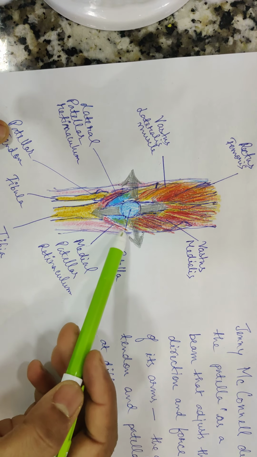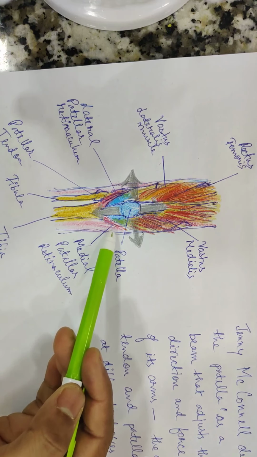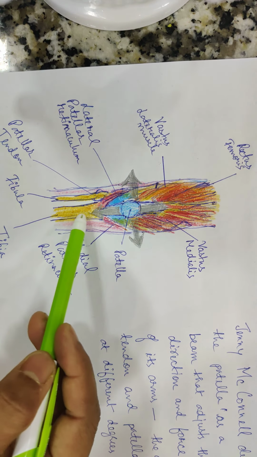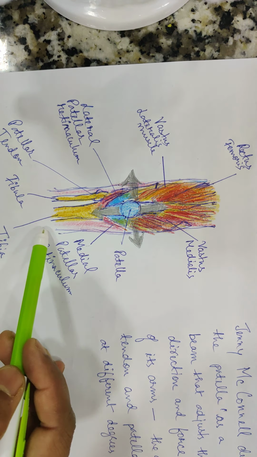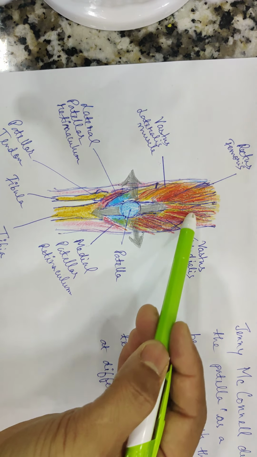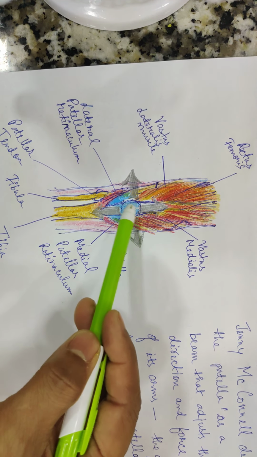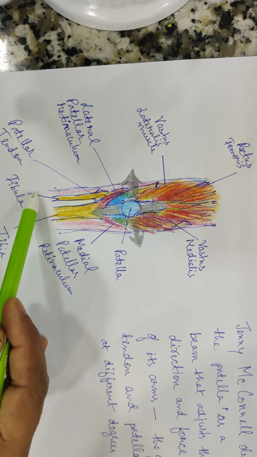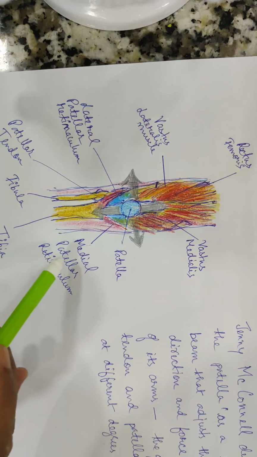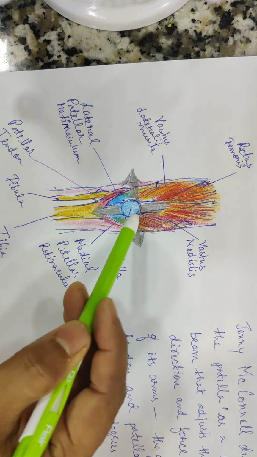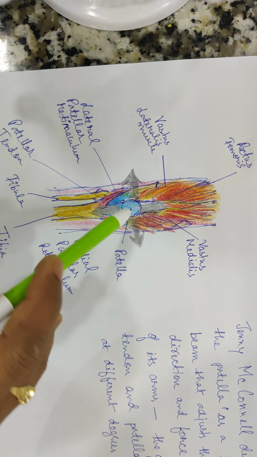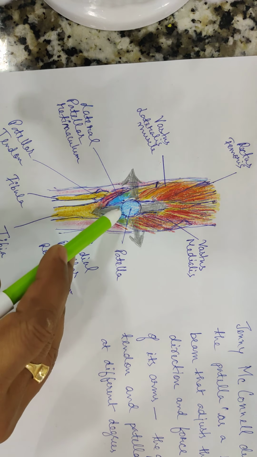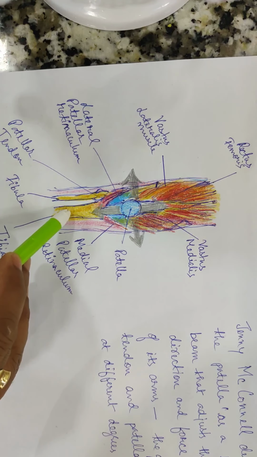Now if you see this diagram, this is the thigh, this is the shin bone, the leg, the quadriceps muscle, patella, the tibia, the fibula, and you can see in the diagram there are 4 arrows up, 2 on the lateral and the medial, and then you have the lower force.